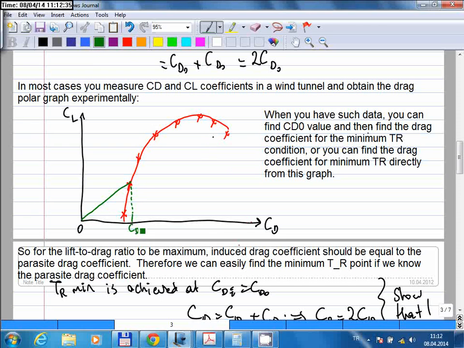And this is CD, let me call that CD1. Let this be CL1. And the angle of this line with respect to the horizontal axis, let me call that theta. The tangent of theta is CL1 divided by CD1, right?